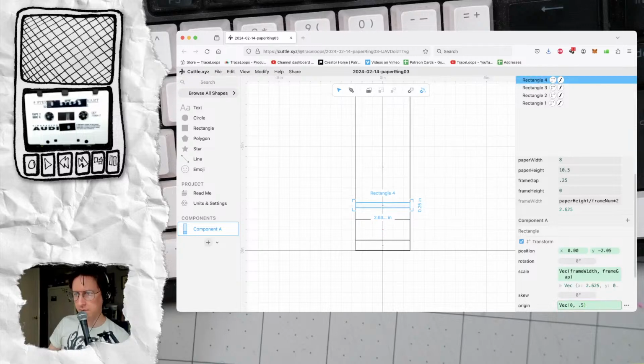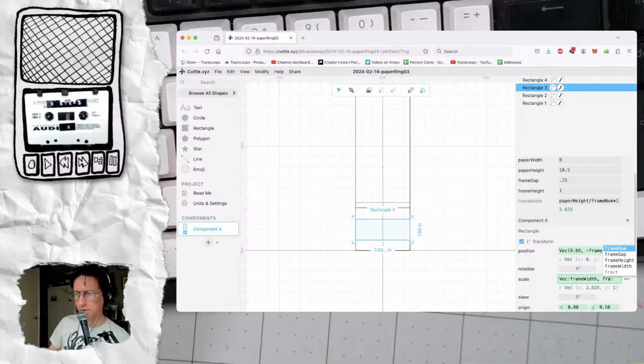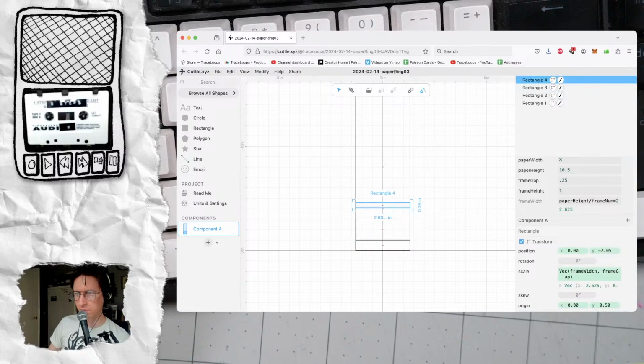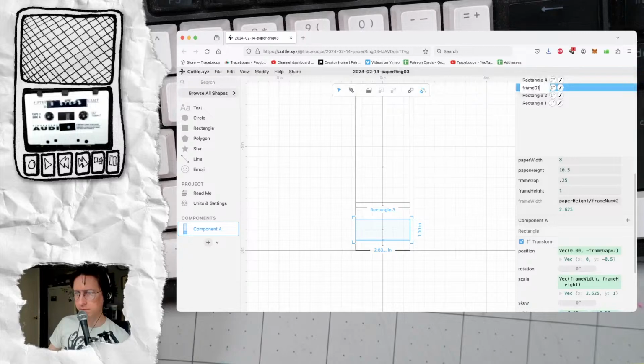5. Frame height as a placeholder. Going to put this in here. And I can do the calculations in a minute. Rectangle 4. So this is frame 01.